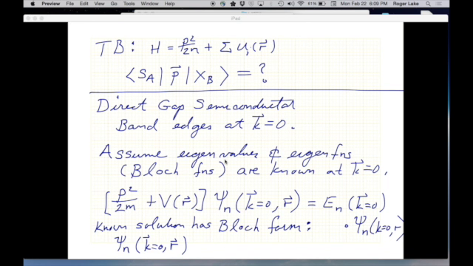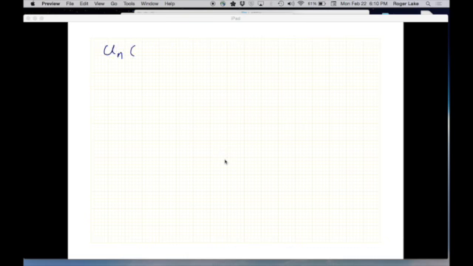So psi n is going to equal the periodic part of it, u n of r, times the plane wave. But recall, this is at k equals 0, right? So at k equals 0, we don't need to worry about that. And this u is periodic, and so u n of r is just our usual periodic part of the wave function, where r is your usual lattice vector.